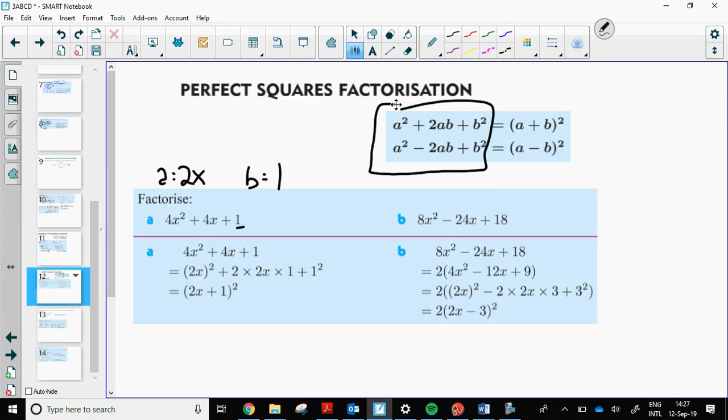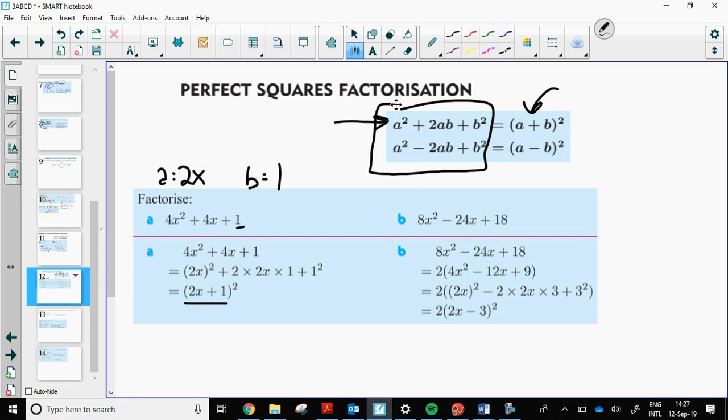And we check that middle term, 4x, is that equal to 2 multiplied by 2x multiplied by 1? Yes, it is. That means that we have an expression here in that form, which means we can factor it into that form. Our final answer is just going to be a plus b all squared. That's 2x plus 1 all squared.